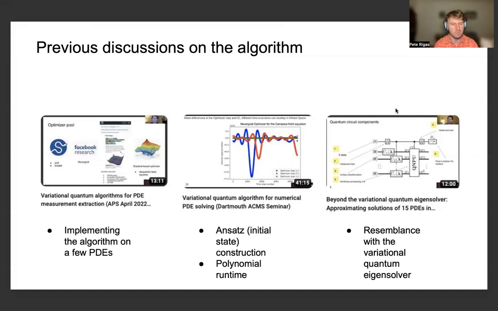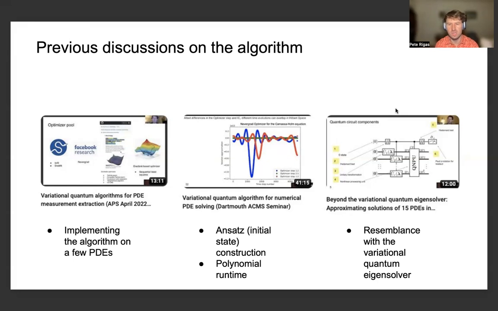For one, in the first presentation on the leftmost side, I just described generally implementing the algorithm for a few PDEs. Then in the Dartmouth seminar talk, I gave some more attention to the actual ansatz, which is the initial state of the construction, as well as the fact that this quantum algorithm can have polynomial runtime.